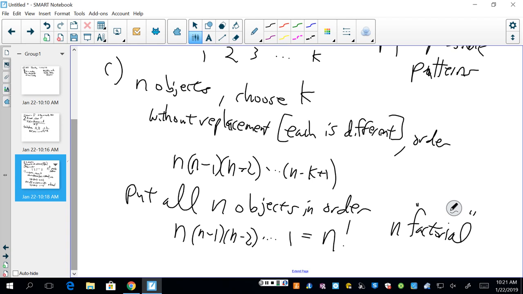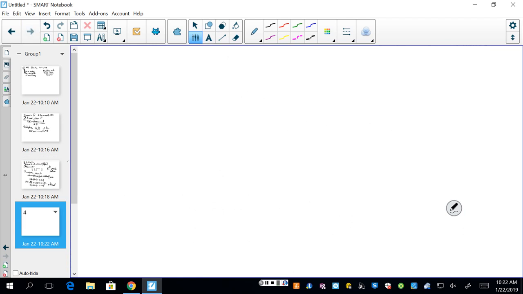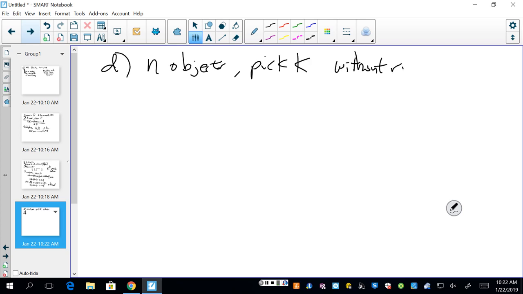Then we considered things without order, where we just had a set of objects, like a set of cards, a set of people on a committee or a group, a set of animals that we're going to pick out of the population and study them. So then we would have n objects that we can choose from, and we're going to pick k of them without replacement. So they're all different.